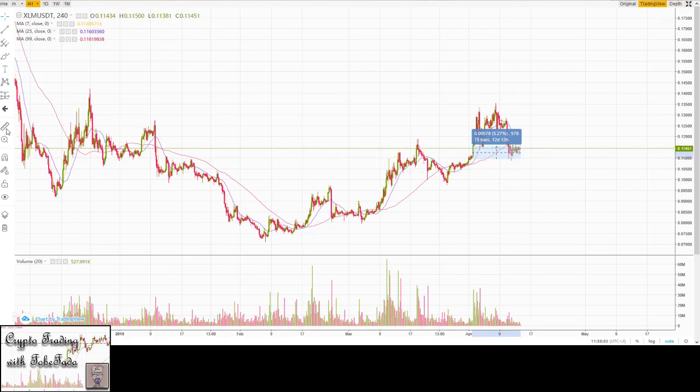I have to draw this a little bit differently. Basically going down to this, which was the start of the correction, so something around here. This time period would correspond to the Bitcoin movement here, and you can see this is exactly what happened: an upward movement and a correction.